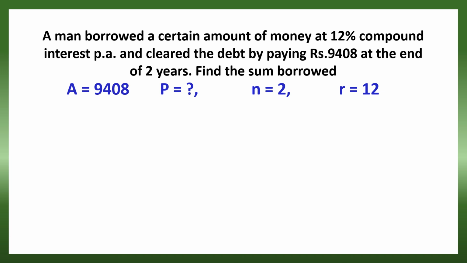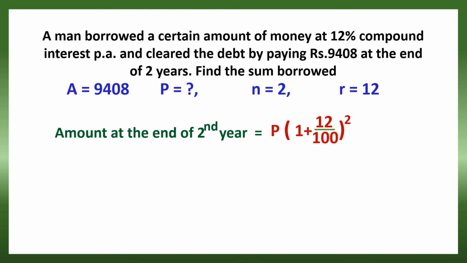Now let us apply the formula. Amount at the end of second year is equal to P into 1 plus 12 by 100 whole raised to 2. That will be 9,408. That is given.